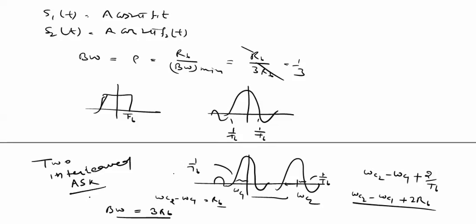For the constellation diagram, we can draw it for FSK also. S1(t) is denoted by A cos omega C1 t, S2(t) is denoted by A cos omega C2 t. S1(t) is root of EB times root of 2 upon TB cos 2 pi F1 t.